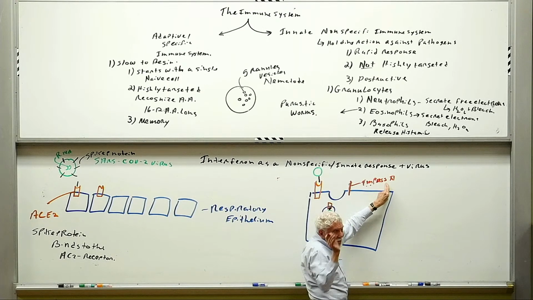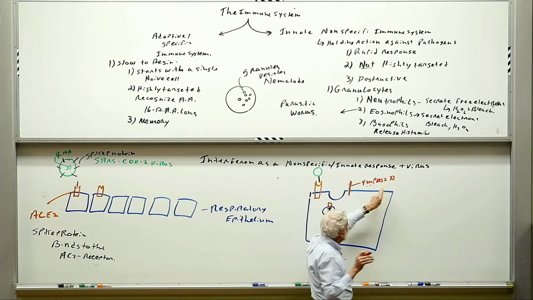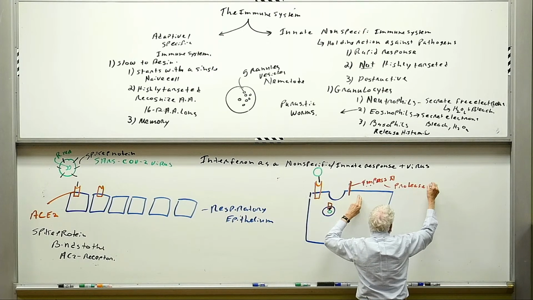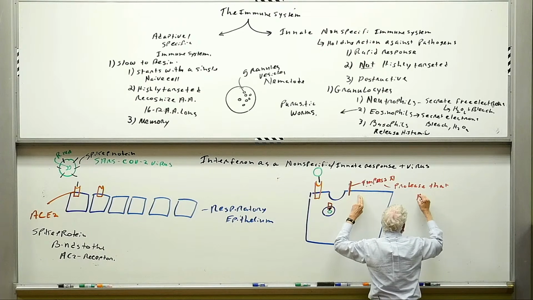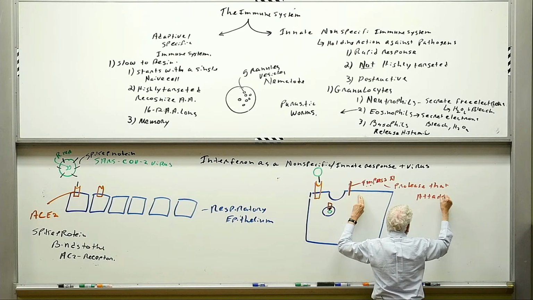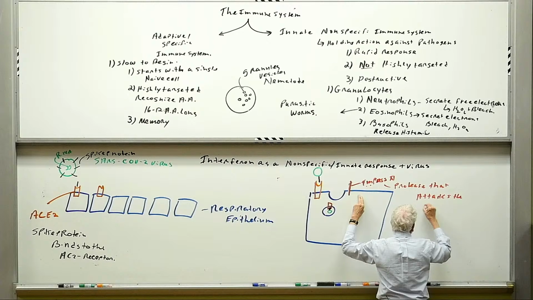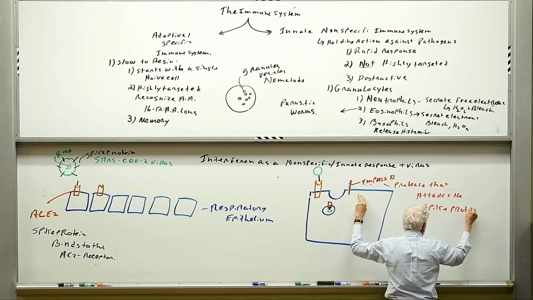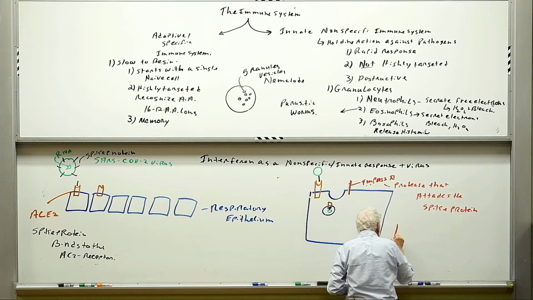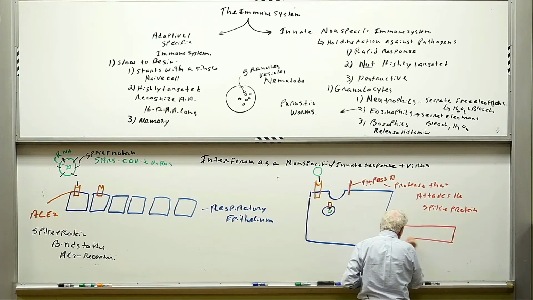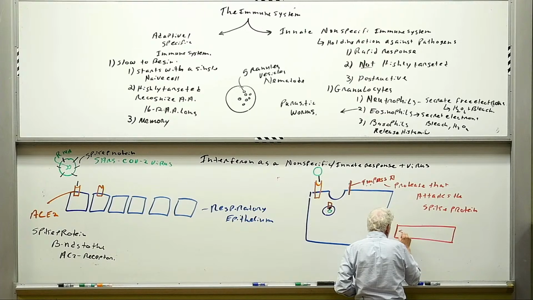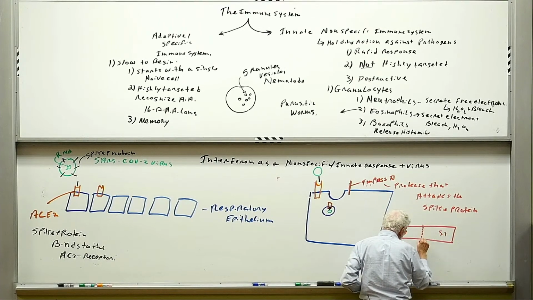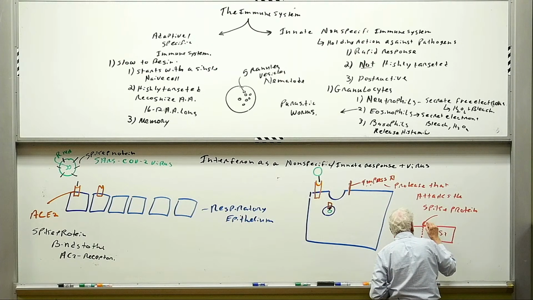This is a detail, but this is a protease that attacks the spike protein. If we look at the spike protein, there is a region in it called S1 and a region called S2. And in between S1 and S2, there is a cleavage site.